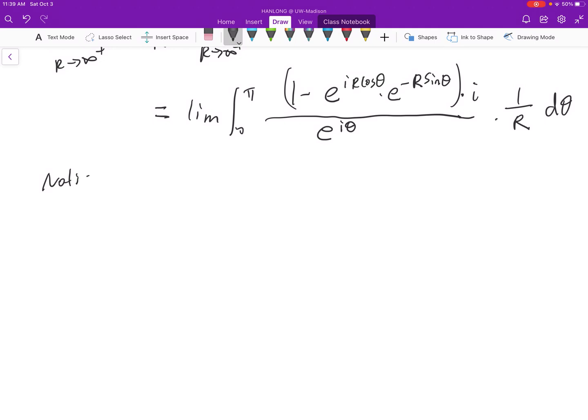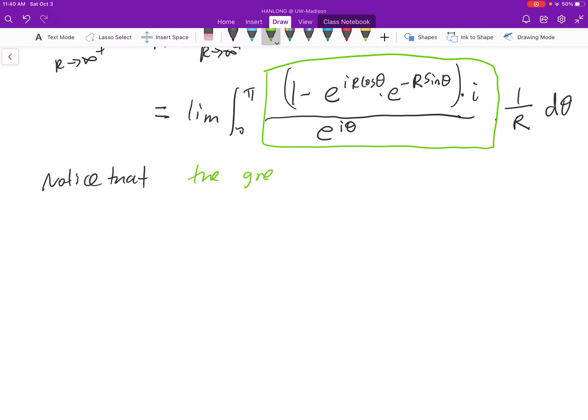And notice that the absolute value of the green part is bounded by 1 plus the absolute value of exponential iR cosine theta times exponential negative R sine theta.